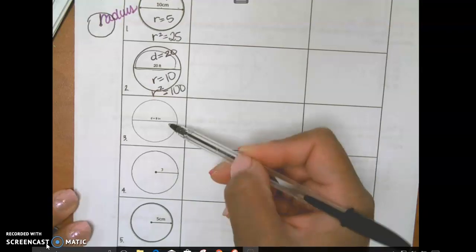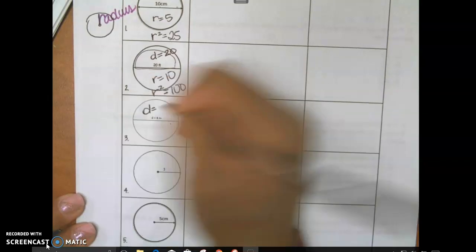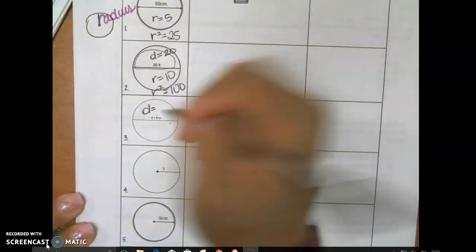Because I squared it? R squared. Radius is 10. This one right here. What letter have they given me? Diameter is what? 8.